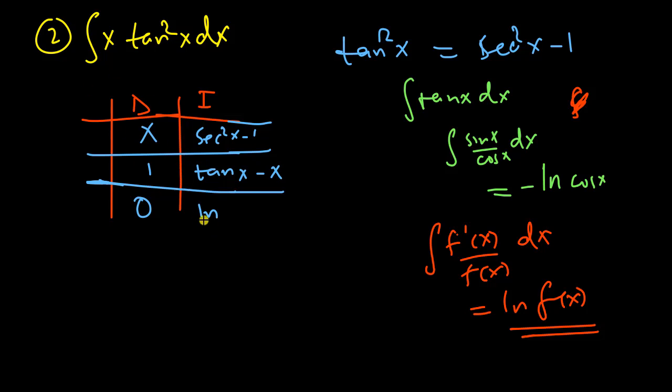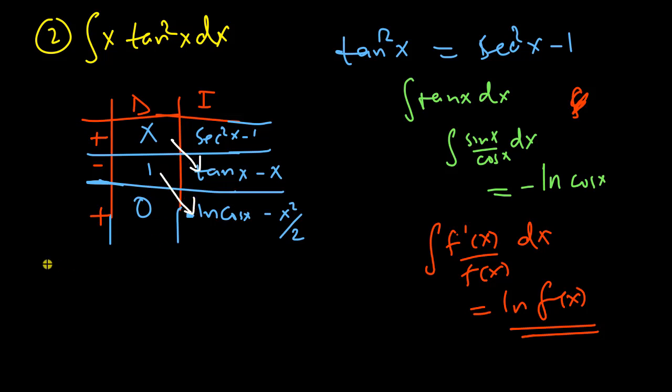So I'll come back here and write this negative natural log of cos x, minus x squared over, the integral of this is x squared over 2. We're almost there. Let's put signs here. This is plus, minus, plus. Those are alternating signs, beginning with a positive, don't forget. Then we multiply.